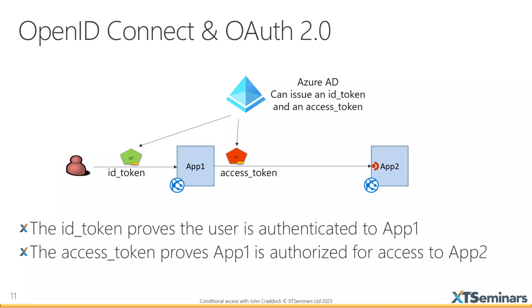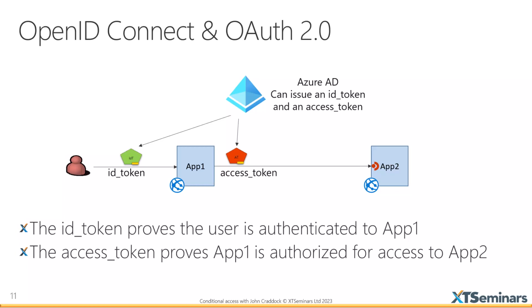Now, App 1 can be given an access token which authorizes App 1 to access a backend API. And in our picture here, it's shown as App 2. So the ID token is proof of authentication of the user to App 1, and the access token is proof that App 1 is authorized to access App 2.